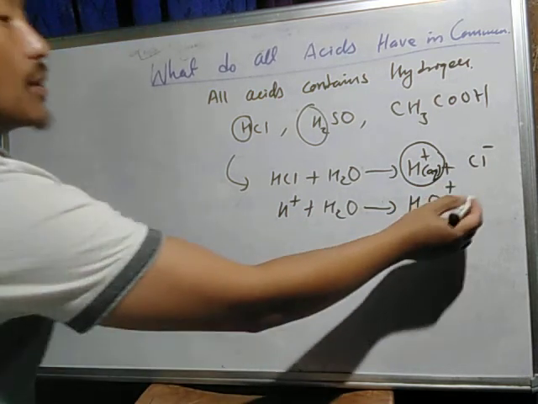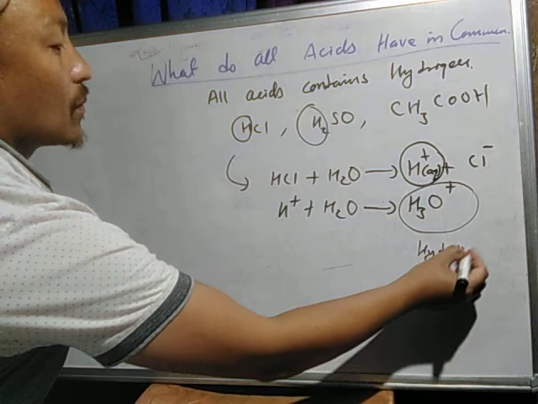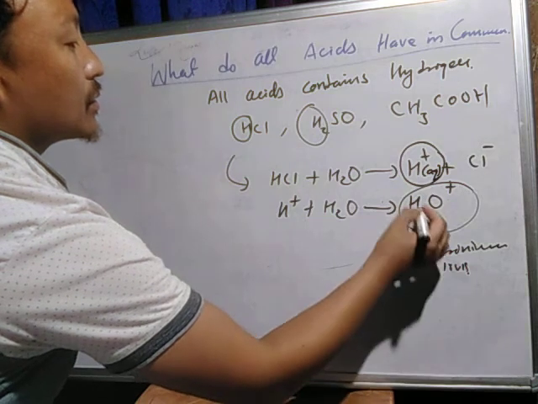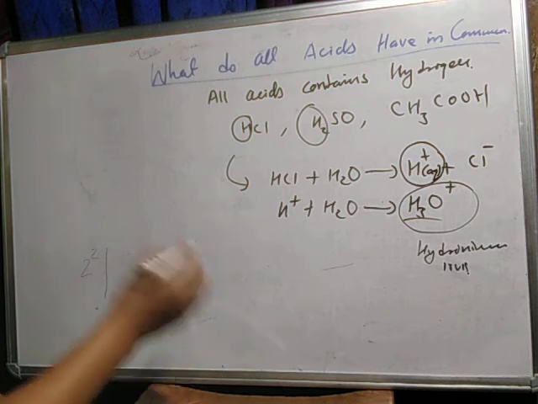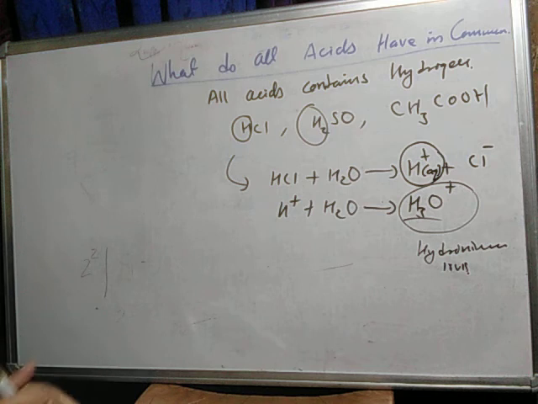So this is called hydronium ion. New topic. This H3O plus is your hydronium ion. Clear? So all acids contain hydrogen, right?